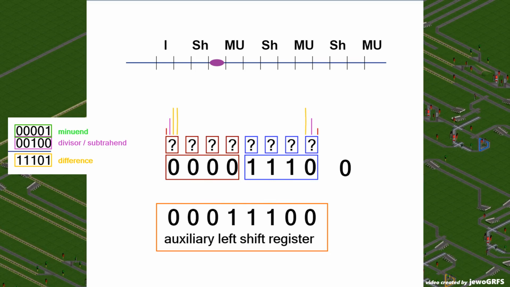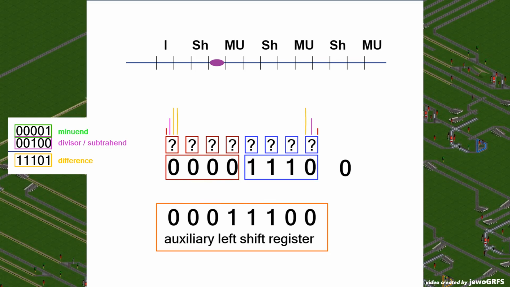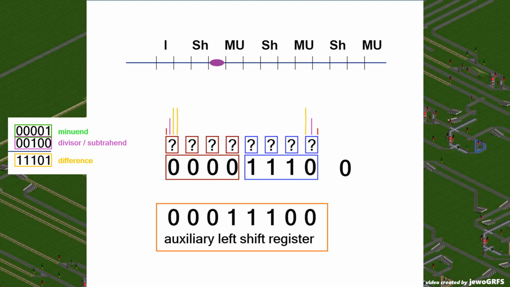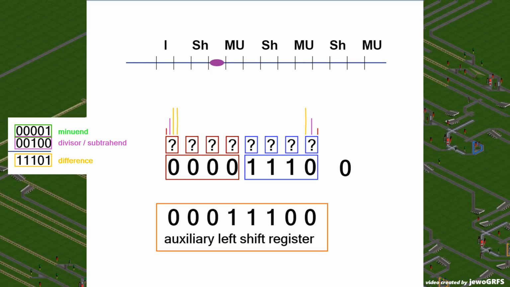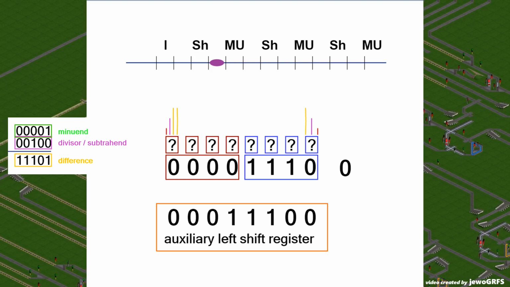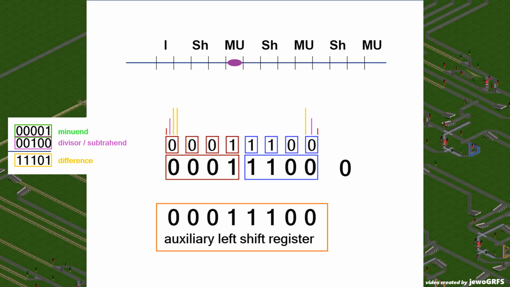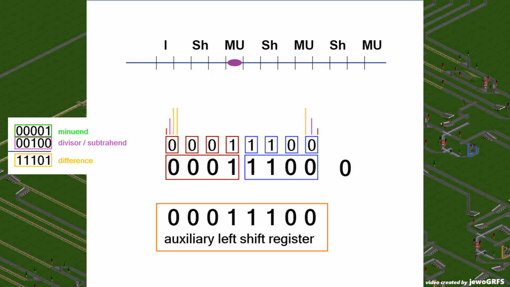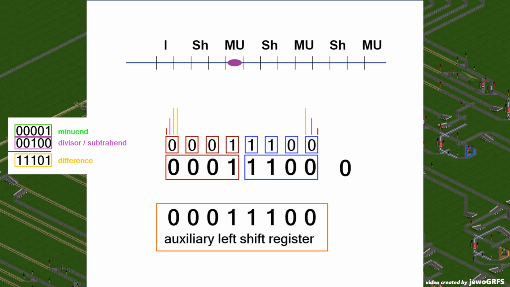We are getting to the point where we're just updating memories with the new values from the auxiliary left shift register according to the most significant bit of the difference. So if that bit is 1, it means that our difference is below 0, and the quotient is 0, it means that we want to just shift everything.